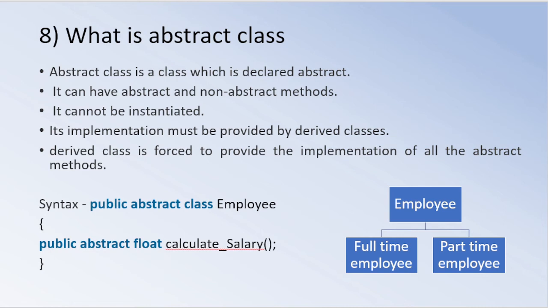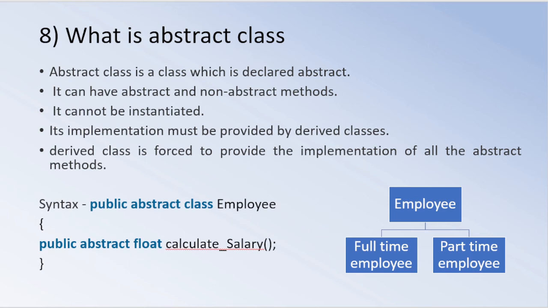So we can make the Employee class an abstract class and the CalculateSalary method an abstract method. So derived classes are forced to provide an implementation for the CalculateSalary method, which will be different for both derived classes. In such a way we can use an abstract class. I hope you all have understood it.